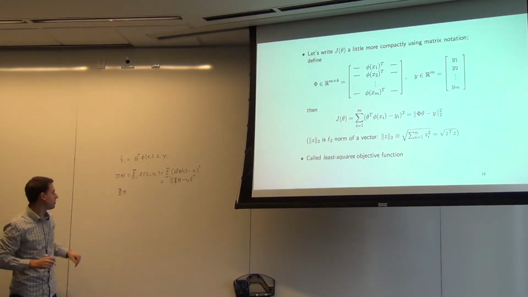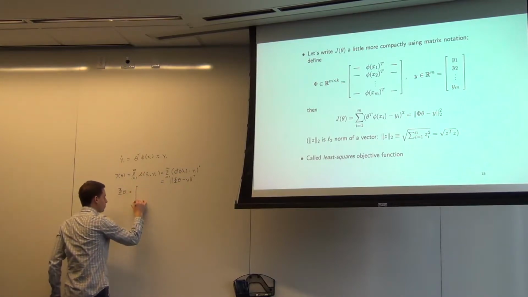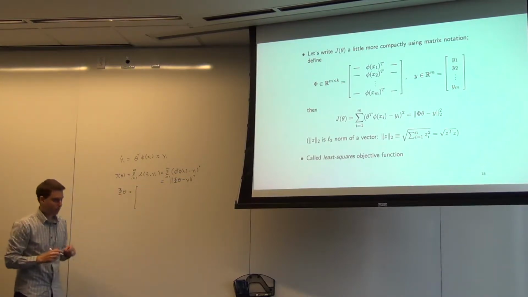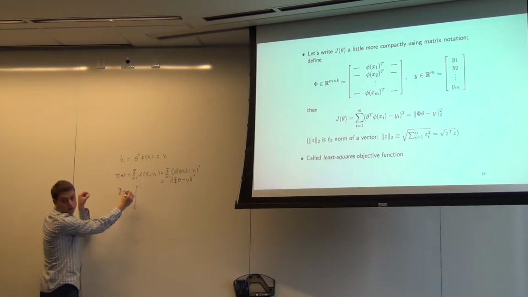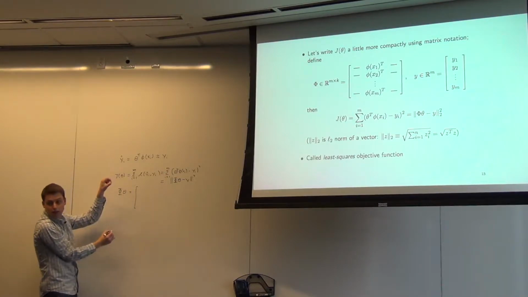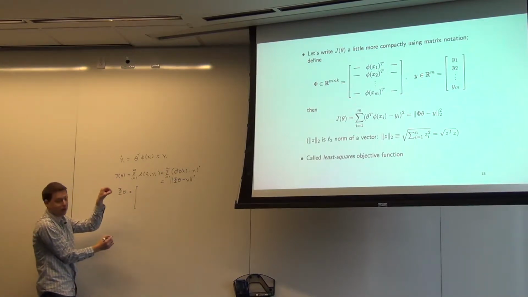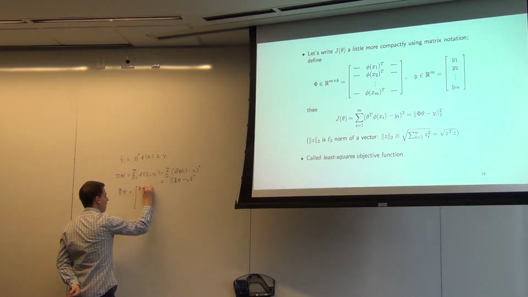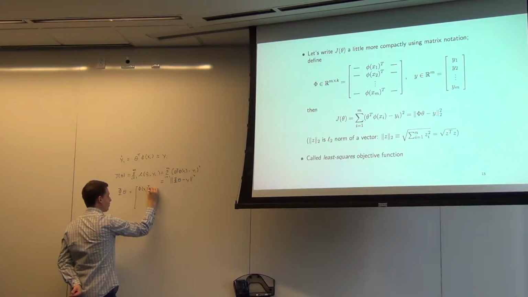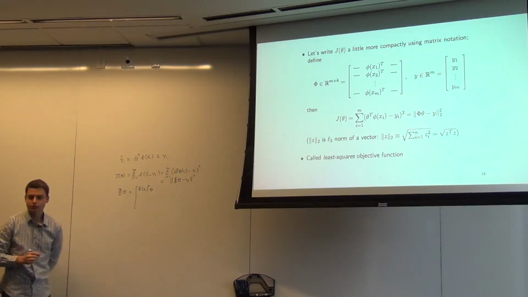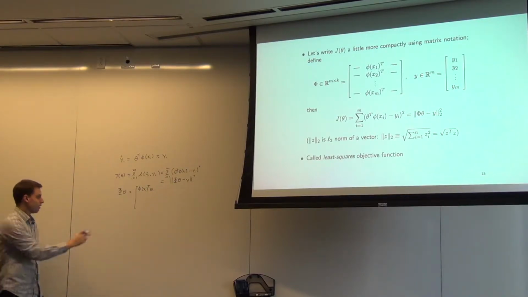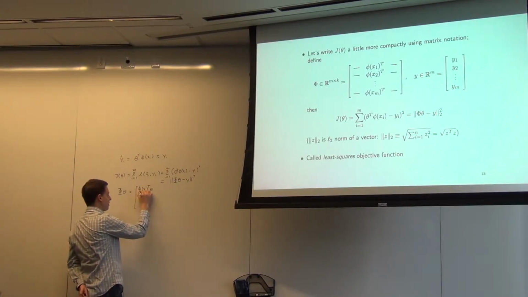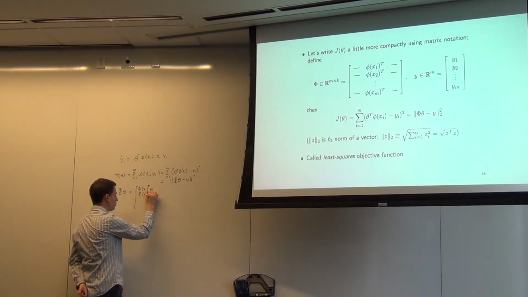This is a vector where the first entry, for example, would be the first row of phi times theta. It would be that inner product. So the first element here would be phi of x1 transpose theta. The second element of this vector here would be phi of x2 transpose theta.